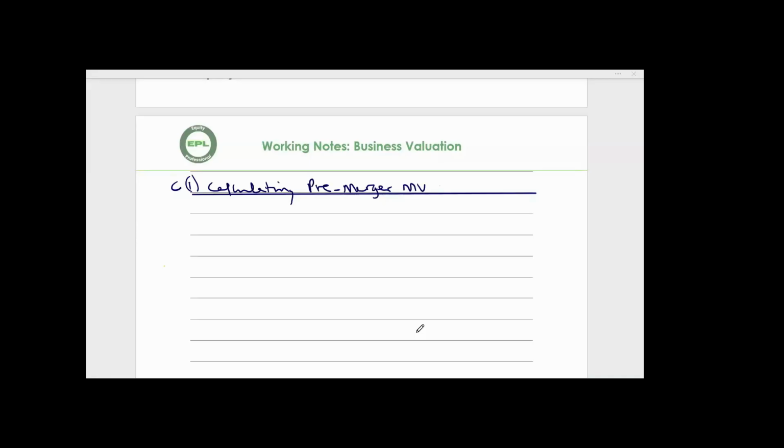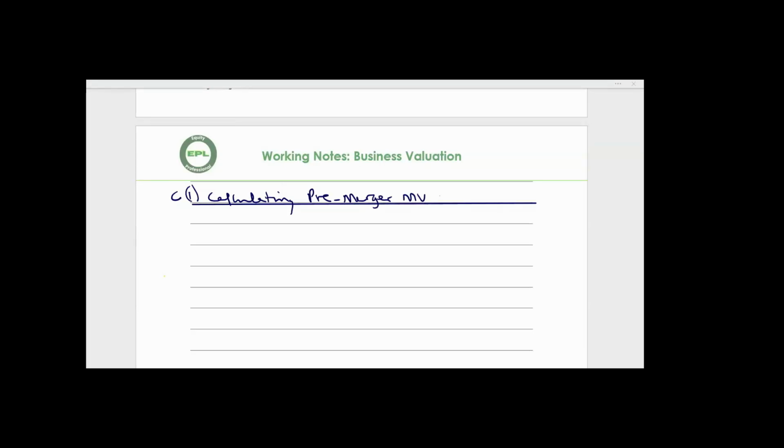If the growth rate given to you in the question is earnings growth rate, it means the examiner wants you to use earnings yield basis. But in this particular question, we are going to use dividend yield basis, that is the discounted dividend model, because the examiner laid emphasis on dividend. So how am I going to calculate the value of Michelin and Dunlop using dividend yield basis? I've provided you two different formulas. I said that the market value of a company using dividend yield represents the present value of future cash flows discounted at the dividend yield, or cost of equity, or rate of return on equity.